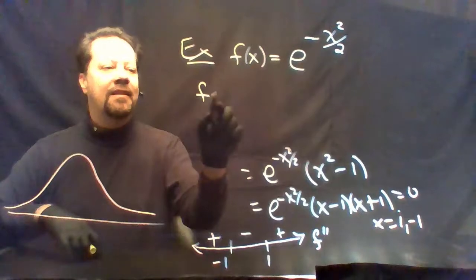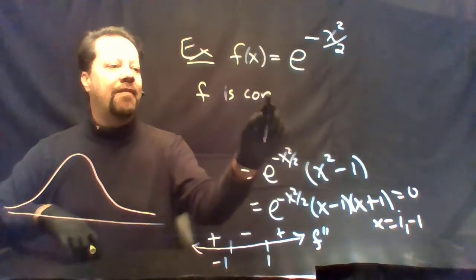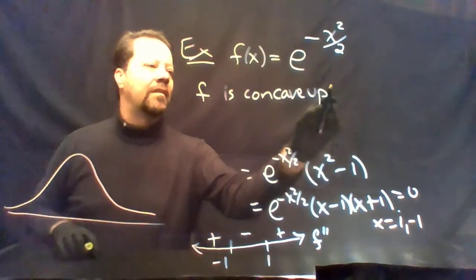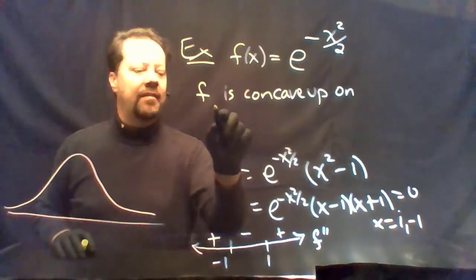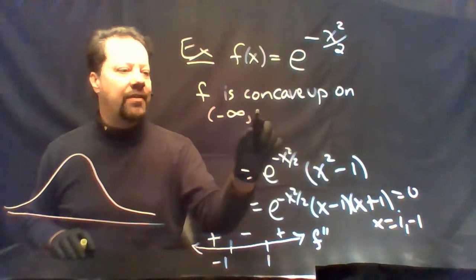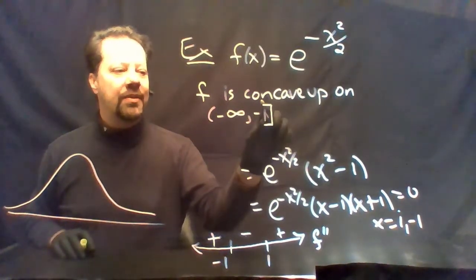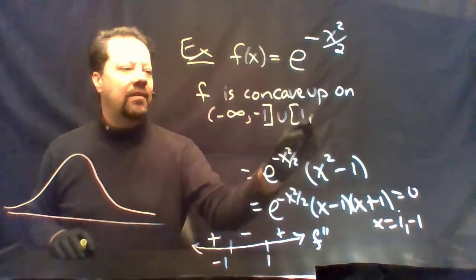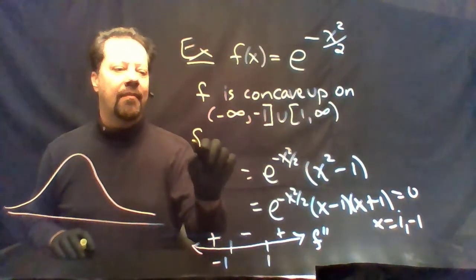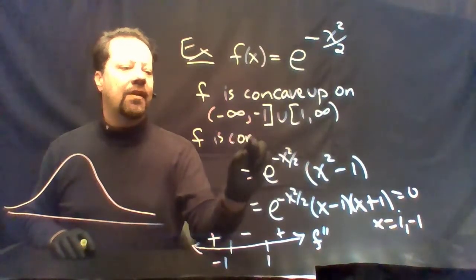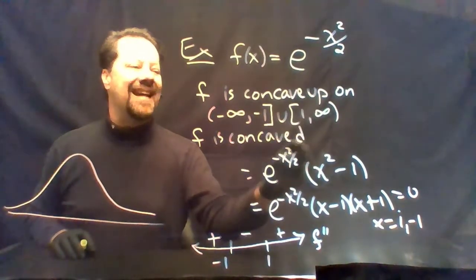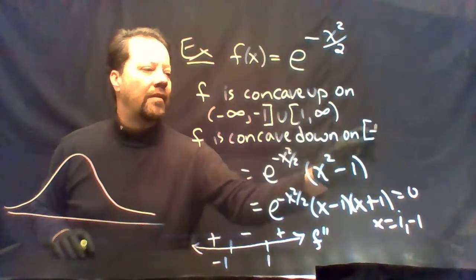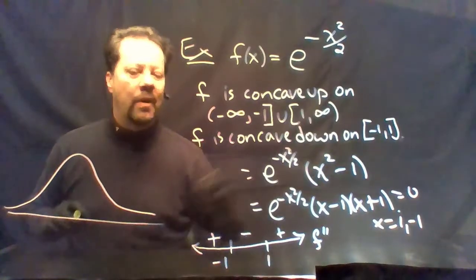We say that f is concave up on minus infinity to minus 1, and again you can use square brackets here, union 1 to infinity. f is concave down on minus 1 to 1.